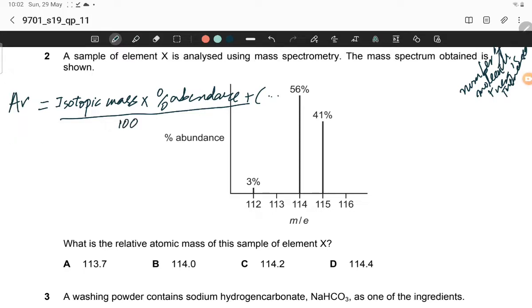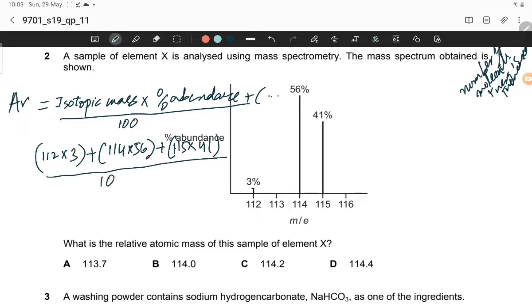So this is 112 into 3 plus 114 into 56 plus 115 into 41. These are three isotopes with their abundance, divided by 100.